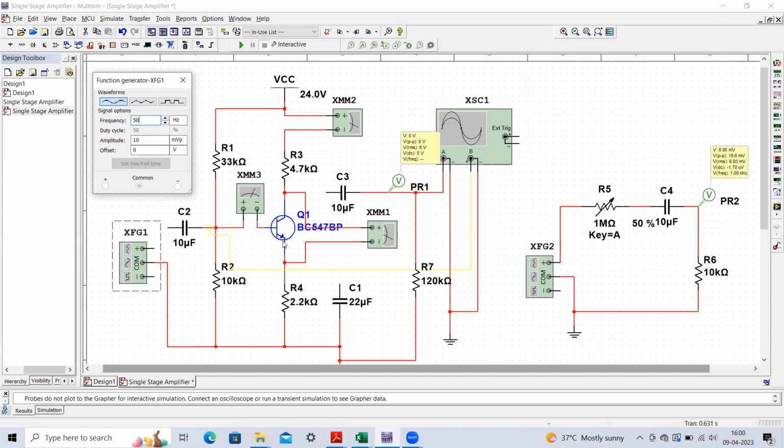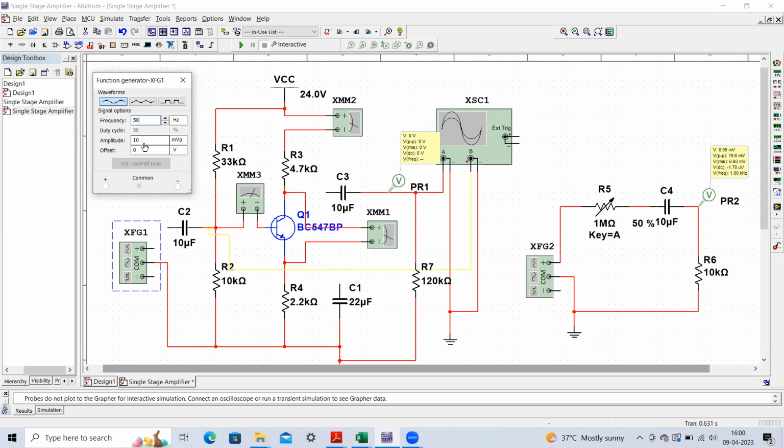So if you take the input signal very large, because of the very large gain, some of the upper or bottom portion of the waveform may get clipped. Therefore it should be a very small signal.